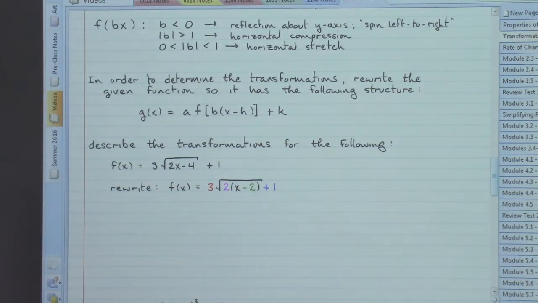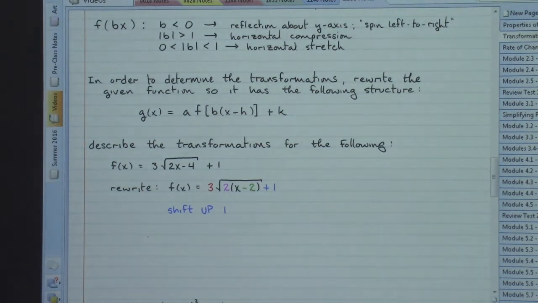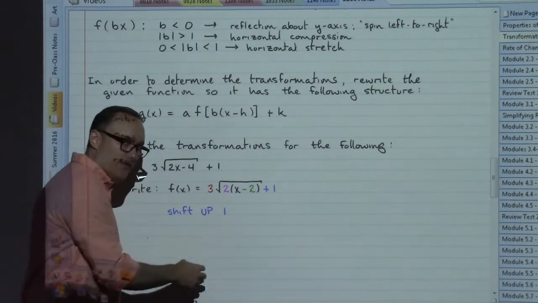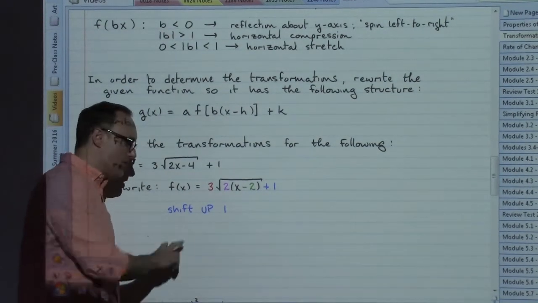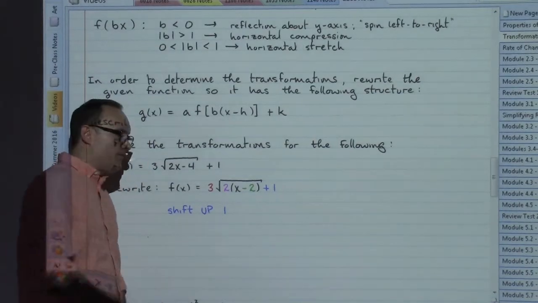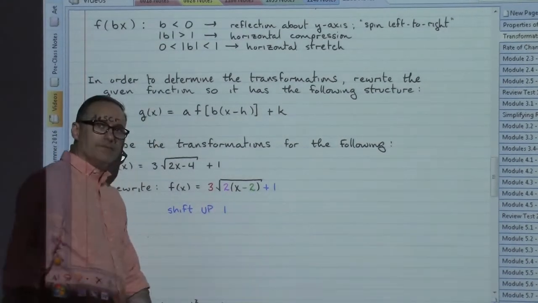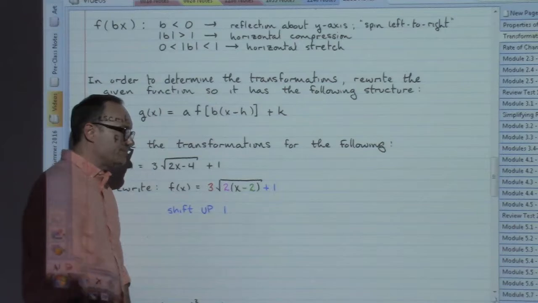Hey, there we go. Let's go ahead and tag that. Adding or subtracting on the outside would mean we're going to have a shift up. Because it's a plus 1, that's a shift up 1. We can be specific. We don't just stop at saying shift up. We say shift up 1, because that's a 1.